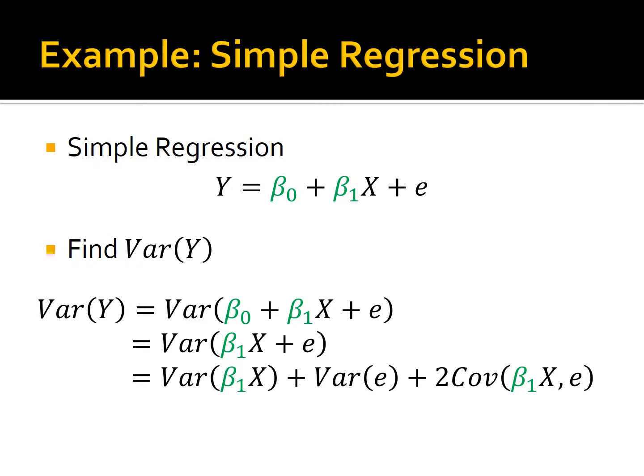Then we isolate beta 1 out of the x term, so it equals beta 1 squared times the variance of x plus the variance of the error term. Because the assumption of simple regression is that the predictor is independent of the error term, this covariance is 0. So we remove that from the equation and we get the result.